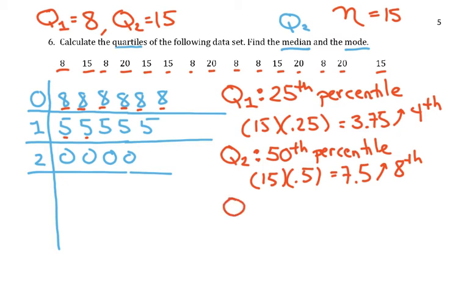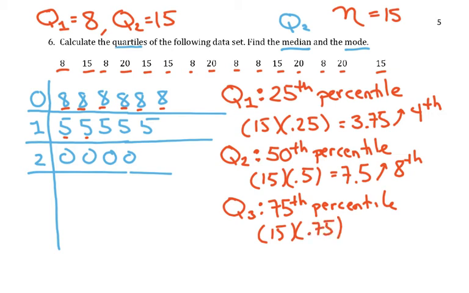Now let's find the third quartile. That's the 75th percentile. So we take 15, multiply it by 0.75. What do you get? 11.25. And remember, we're not using rounding rules. We're using the rules for quartiles.